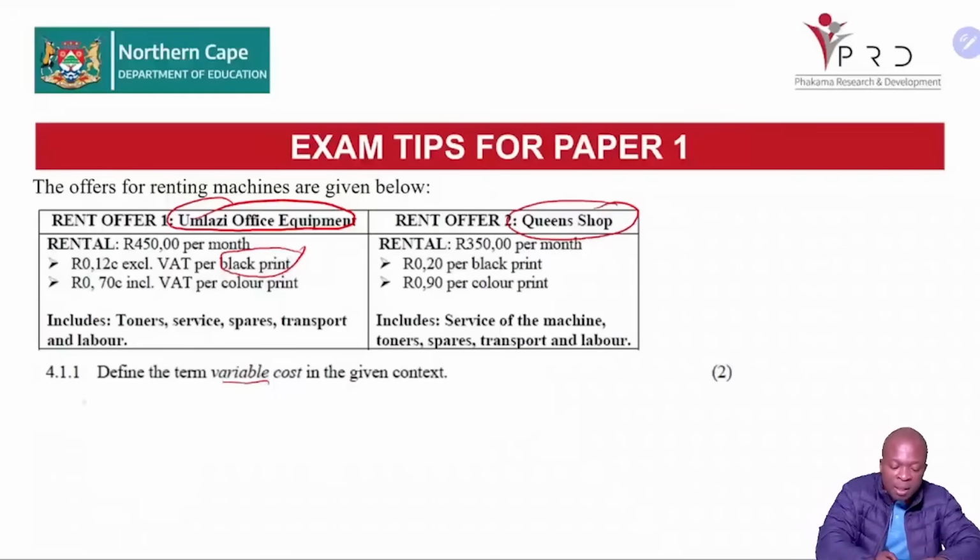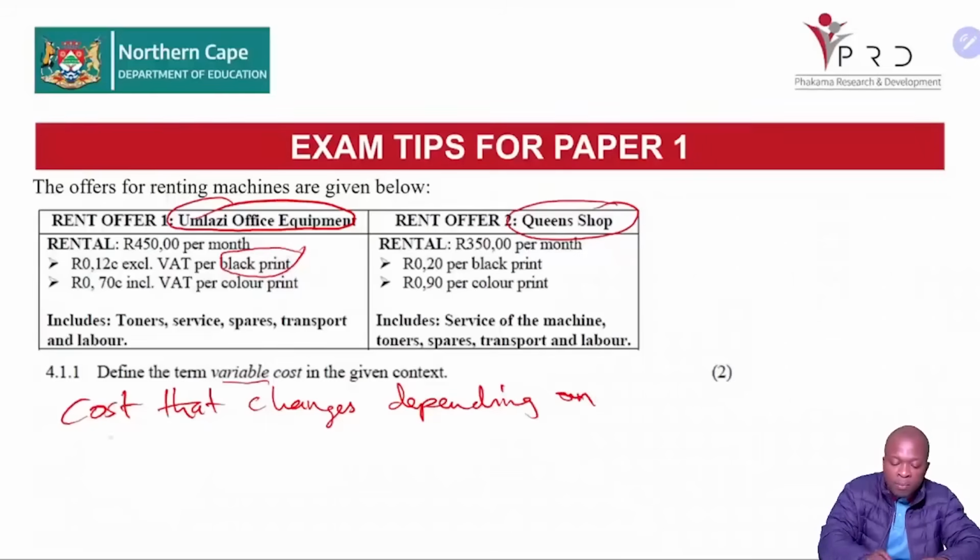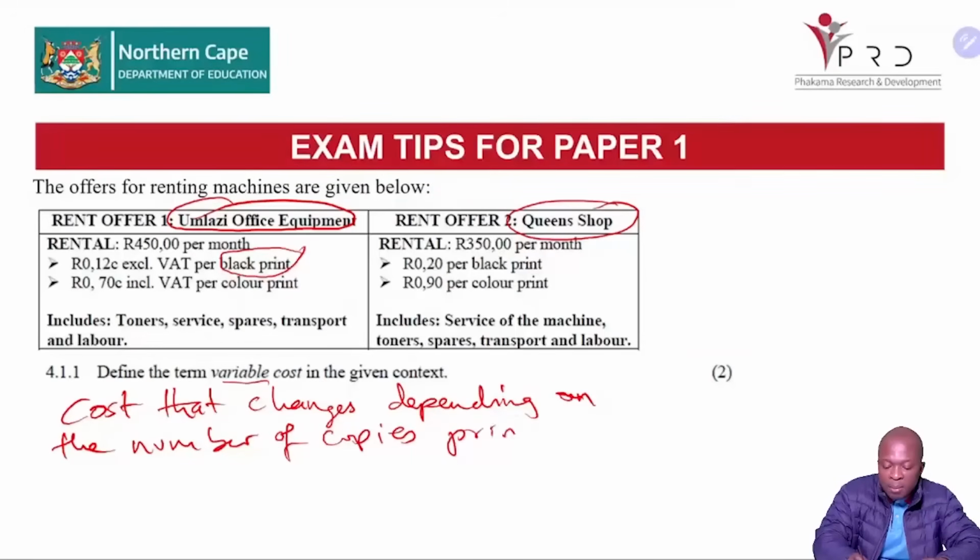You will just be saying variable cost is the cost that changes depending on the number of copies printed.